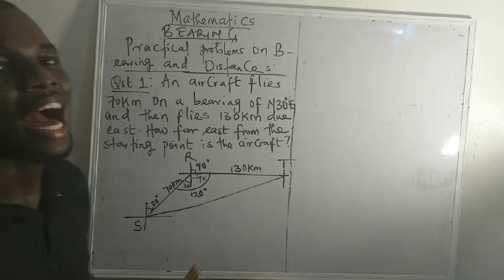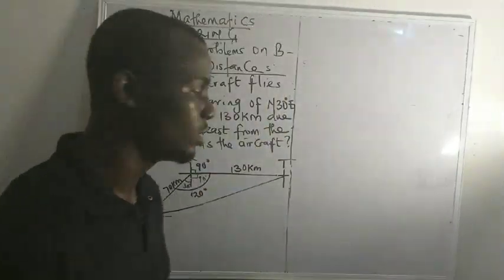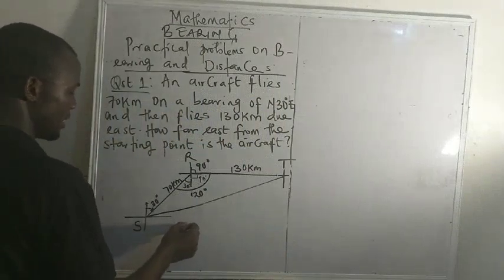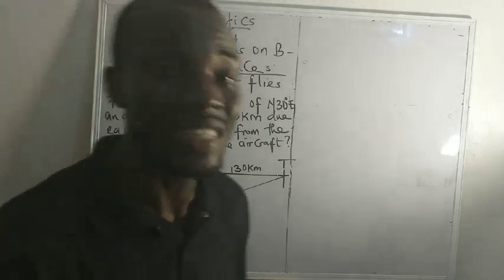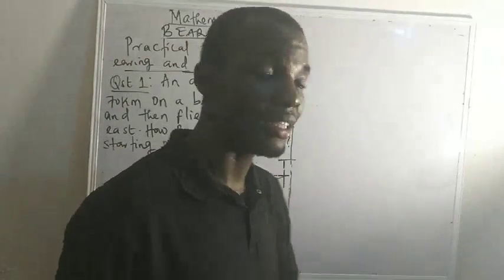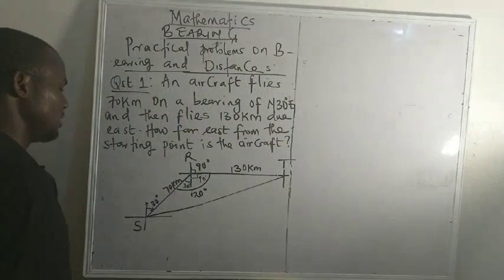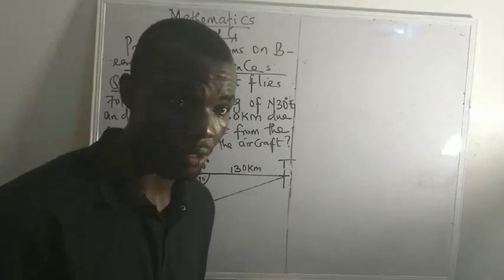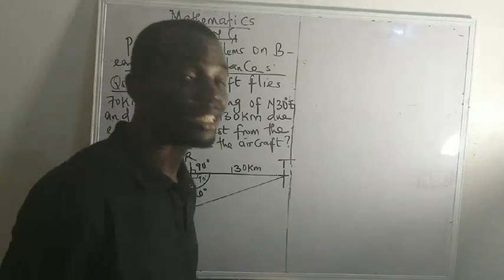So I will just go ahead and use the cosine rule because it satisfies the condition. Here I'm going to say, I'm going to use the sine rule. Actually, you can use the cosine rule as well. It satisfies it.